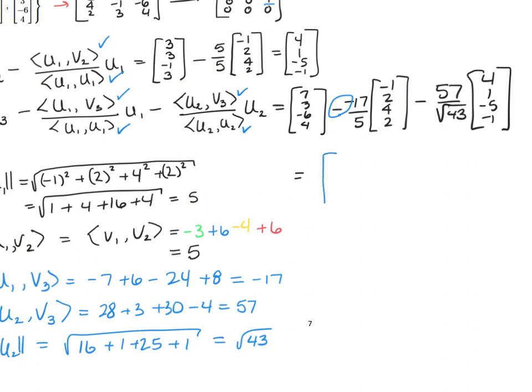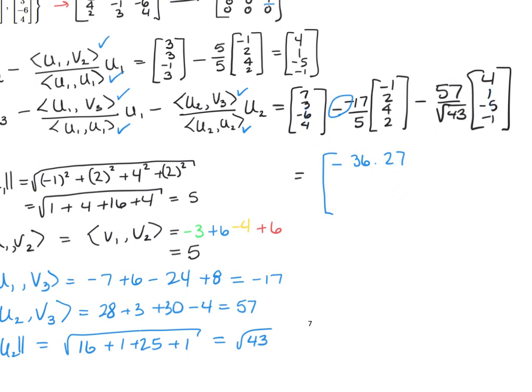So my first one is negative 36.27. The way I did that was I did negative 7, this becomes a plus 17 over 5 multiplied by negative 1, and then minus 57 divided by 43 times 4. That is my first position.